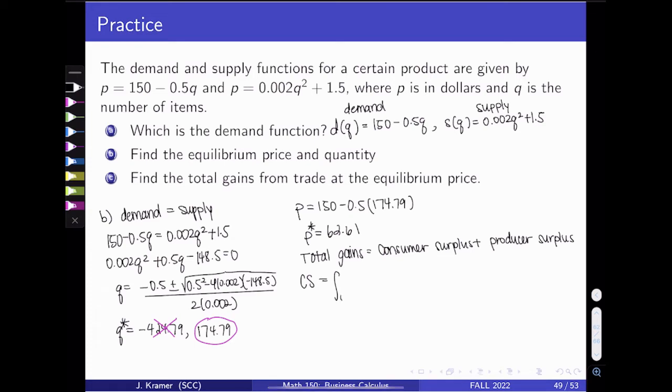So we're looking at the integral from 0 to 174.79 of 150 minus 0.5 Q dQ, minus 174.79 times 62.61.